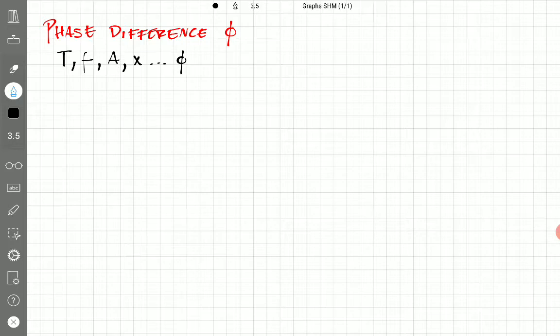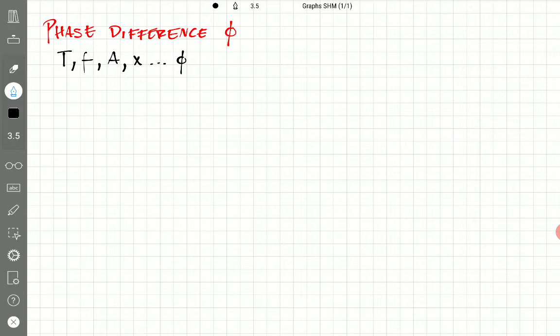So what is it exactly? We know that oscillations can be represented in different ways, and one of them is drawing the graph of displacement versus time, velocity versus time, or acceleration versus time for one particular type of motion.